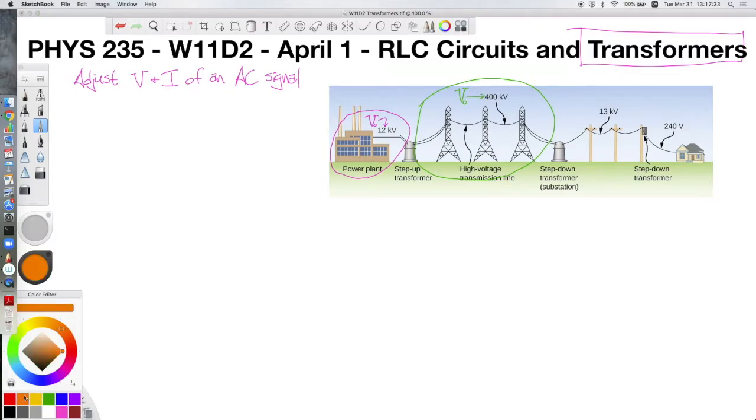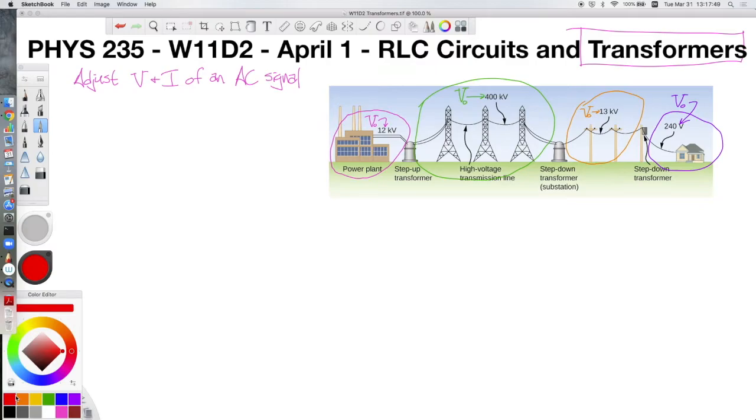Then eventually, our circuit gets stepped down in voltage to 13 kilovolts, which is again V0. And then last but not least, when the power comes directly to your house, you have just a V0 of 240 volts. So what's happening between each of these stages is a transformer.